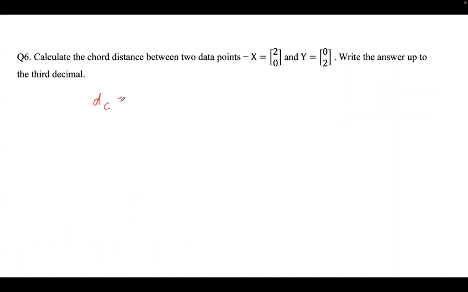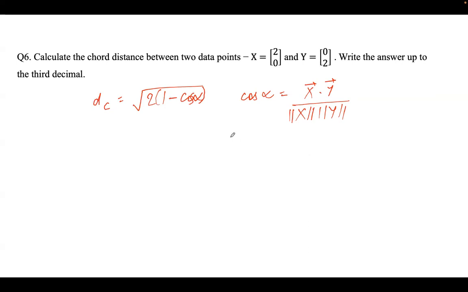So chord distance is root of 2 times 1 minus cos alpha, where cos alpha is the x vector dot y vector over the norm of these two. So can somebody calculate the dot product? I hope you remember how the dot product is calculated.